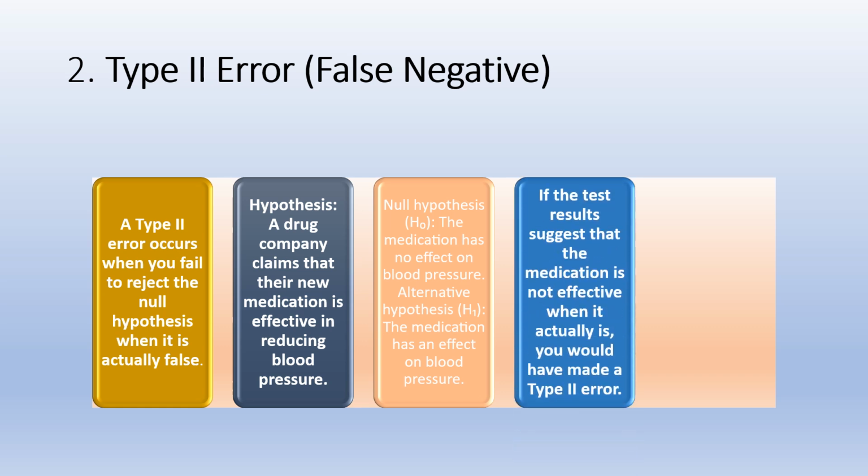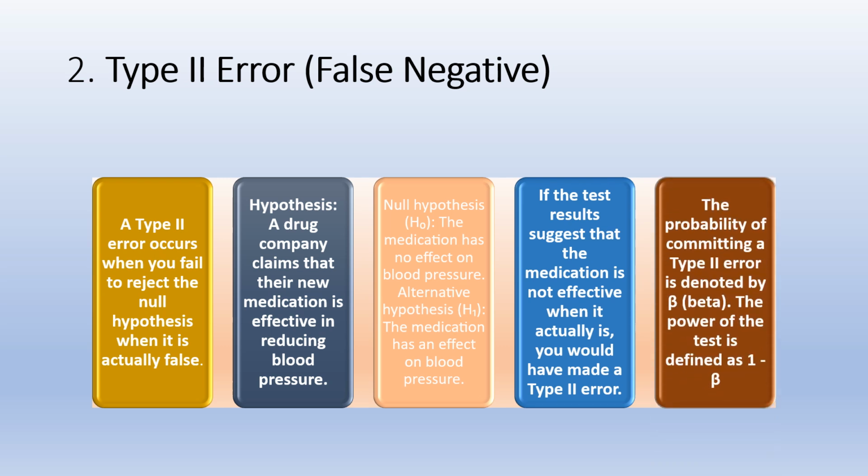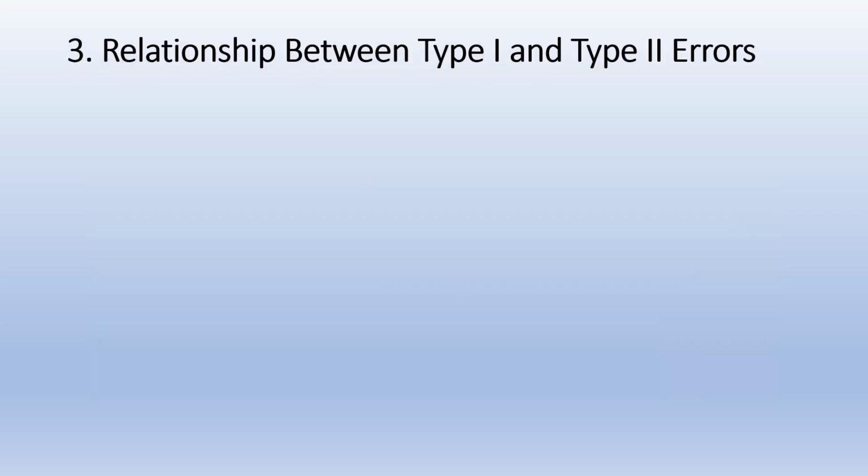If the test result suggests that the medication is not effective when it actually is, you would have made a type 2 error. The probability of committing a type 2 error is denoted by beta. The power of this test is defined as 1 minus beta.